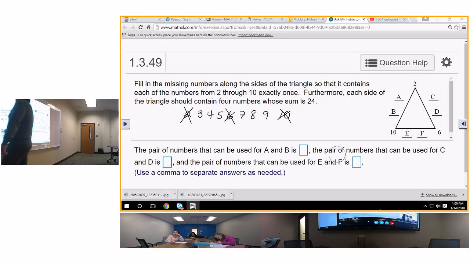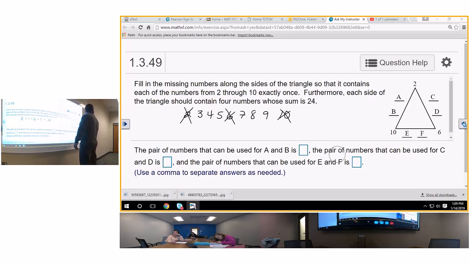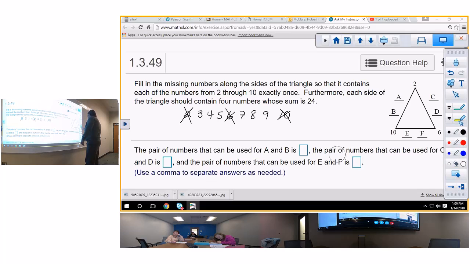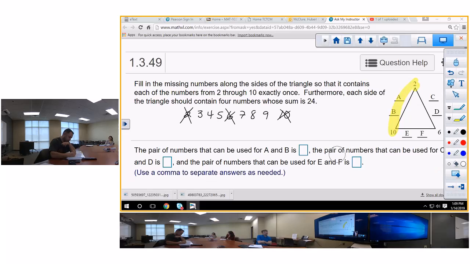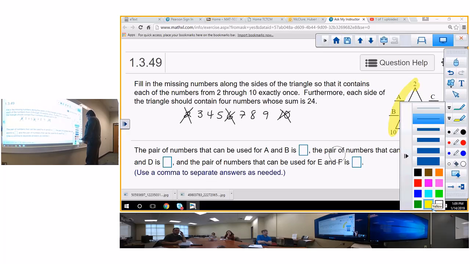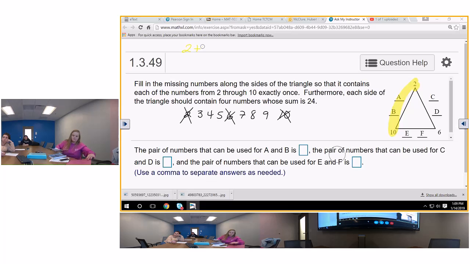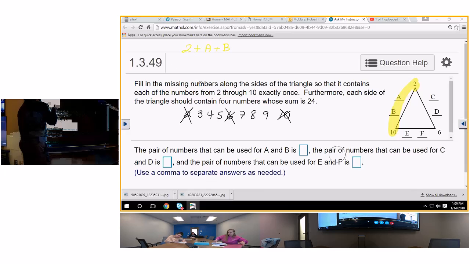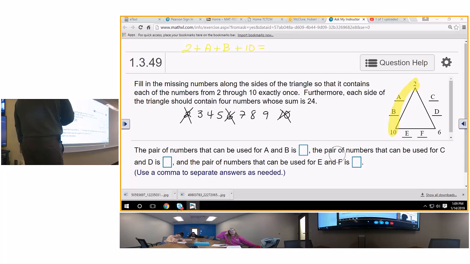So what you do is, let's take this side right here. I'm going to take a highlighter, and I'm going to highlight this side right there in yellow. 2 plus A plus B plus 10 is equal to, didn't they say 24?